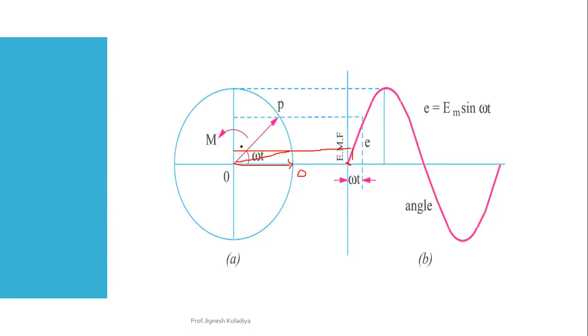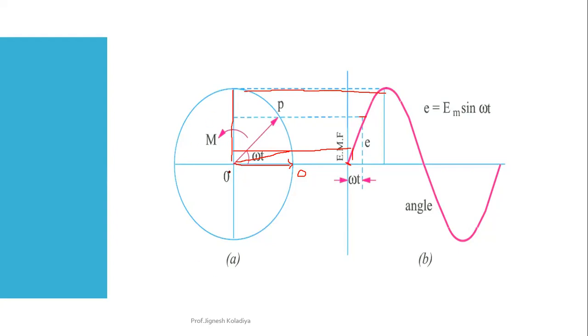Similarly, it is continuously rotating. So suppose at this point, again this will be the second instantaneous value. Then when your vector rotates and reaches this 90-degree axis, you will get the maximum.